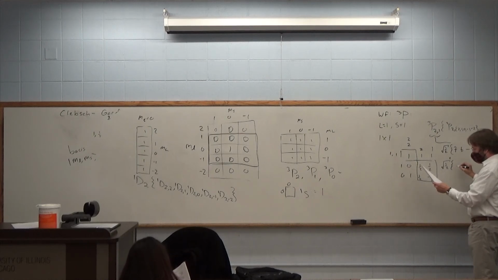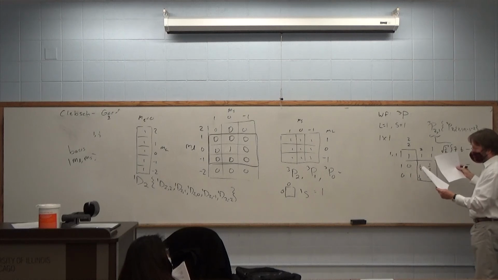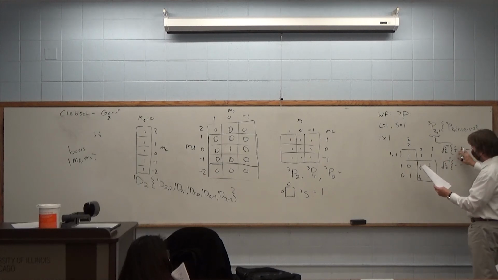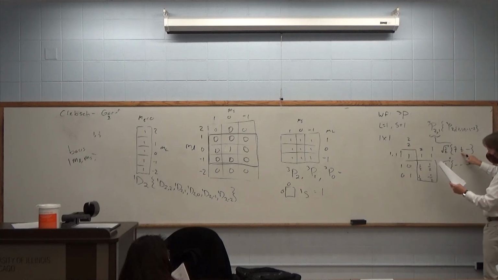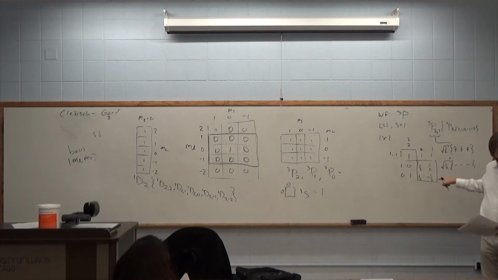Sorry, no, 0, 0, 1. 0, 0, 1 is easy. 0, 1 is this one. Then you've got 1, 0. Now, do you see a problem if you look at the table? I didn't write it down for you. There's actually 2 of them.